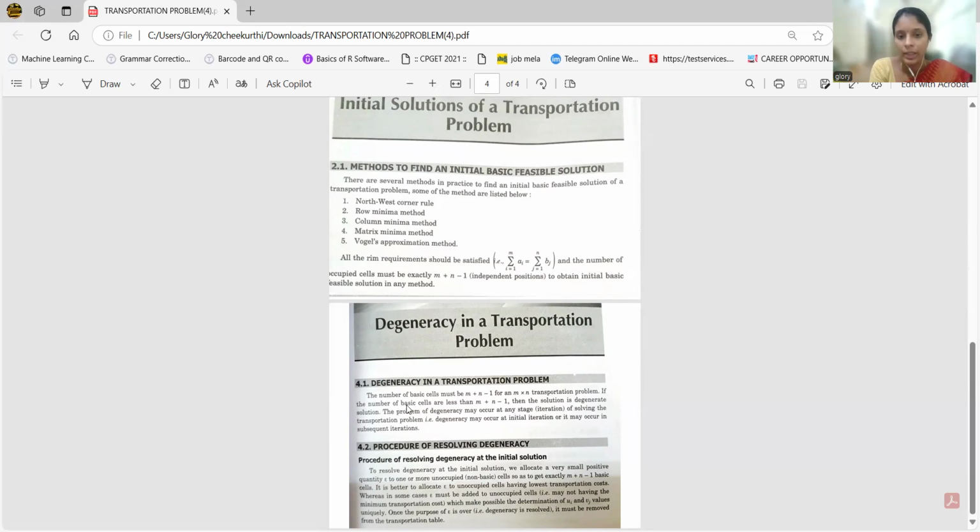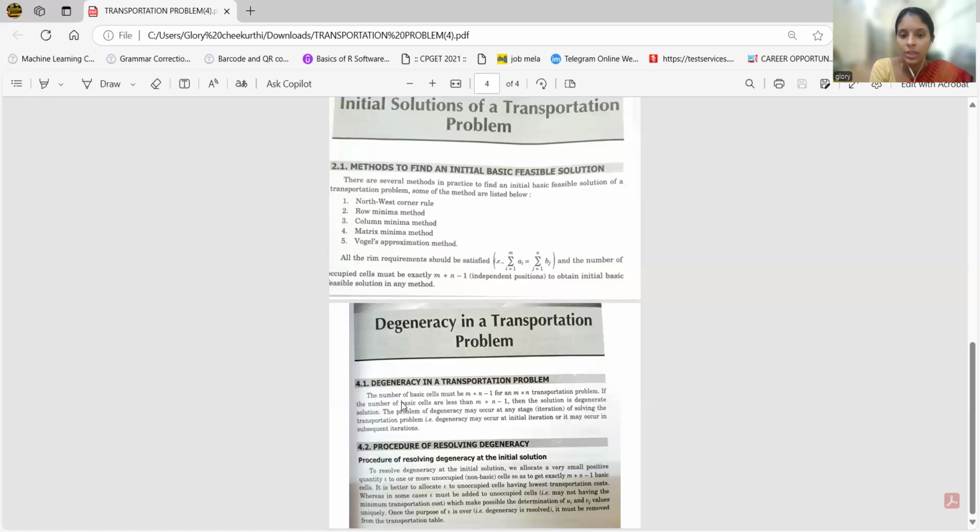M stands for the number of rows, and N stands for the number of columns. Approximately, the epsilon value is equal to 0, and we introduce epsilon in the non-basic cell having the least cost.